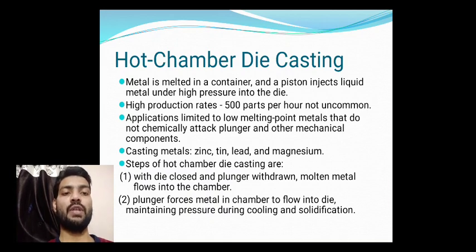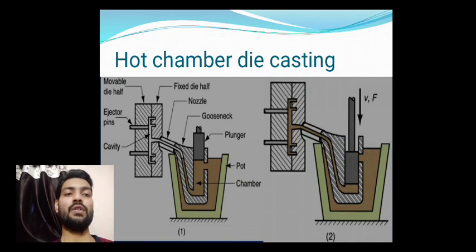Steps of hot chamber die casting are: with the die closed and plunger withdrawn, molten metal flows into the chamber. The plunger forces metal in the chamber to flow into the die, maintaining pressure during cooling and solidification. Figure of hot chamber die casting.